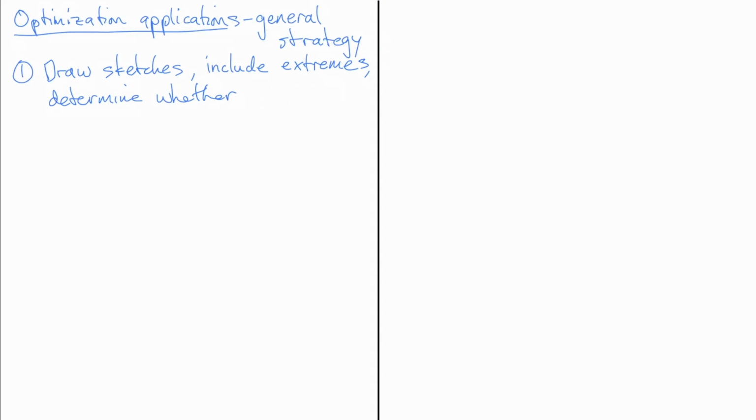What I mean by extremes here is, if your problem is you have a certain amount of fencing and you want to make an enclosure, and you have a limited amount of fence, you can put a tiny, tiny vertical element and a very long horizontal element.